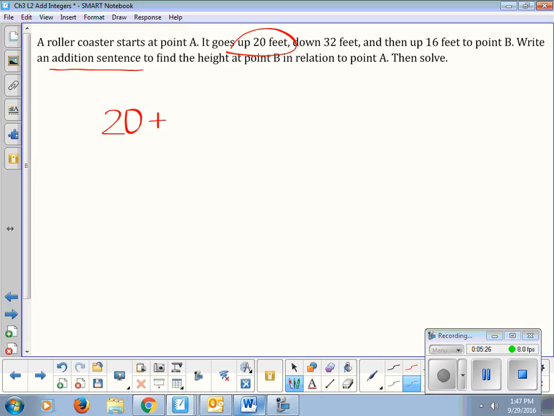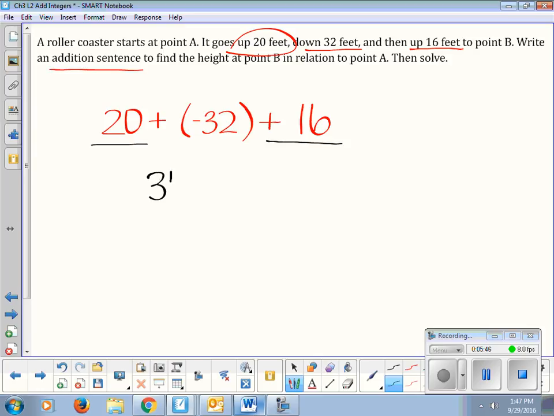How do we represent going down 32 feet? Negative 32, and then we're going up 16, which is a positive 16. If you want, you can add your two positive numbers. So what's 20 plus 16? 36, and I bring down my plus negative 32.